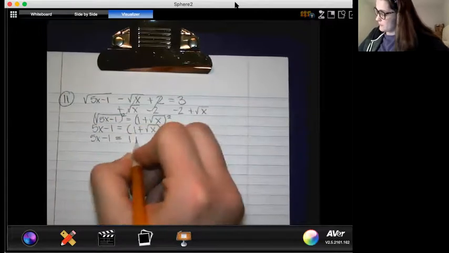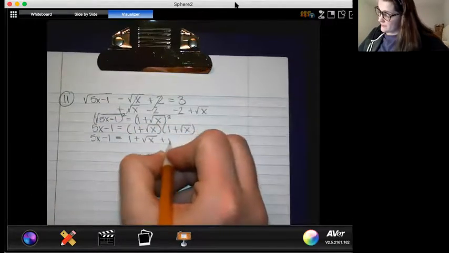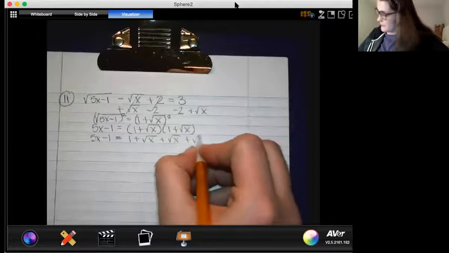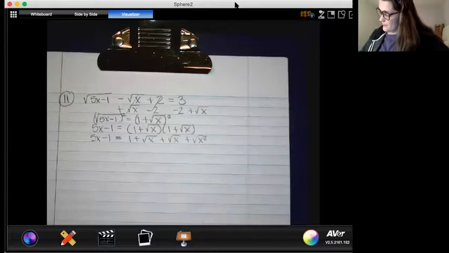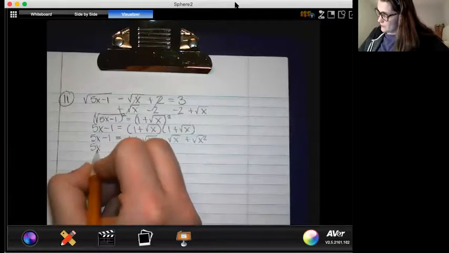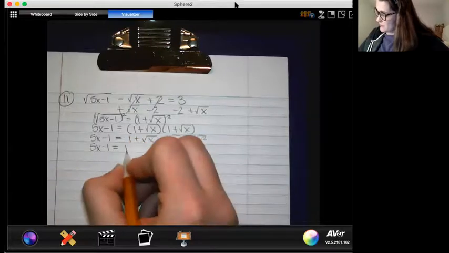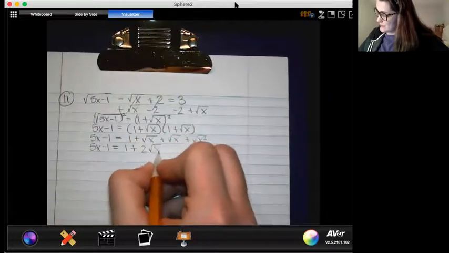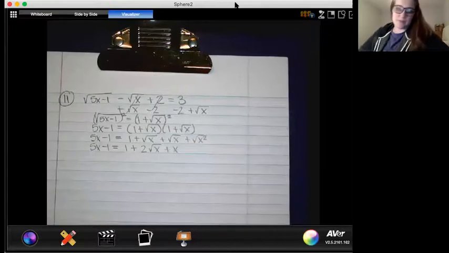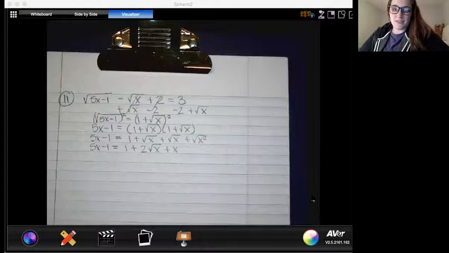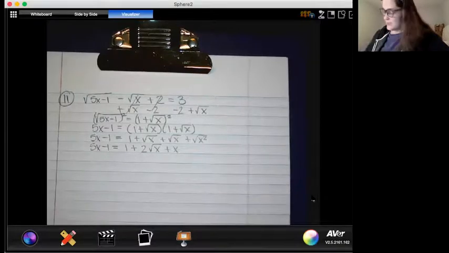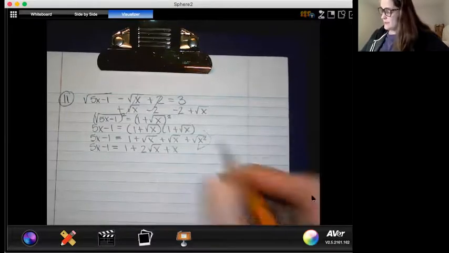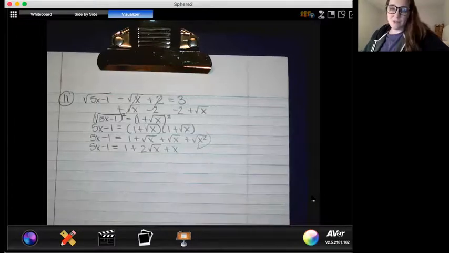So I have 1 plus square root of x plus square root of x plus square root of x squared, which simplifies down to 1 plus 2 square root of x plus x. Now remember, I did say that if you wanted to simplify right to that step, that's fine. From here, if you need that middle step to help you out, you can do that.